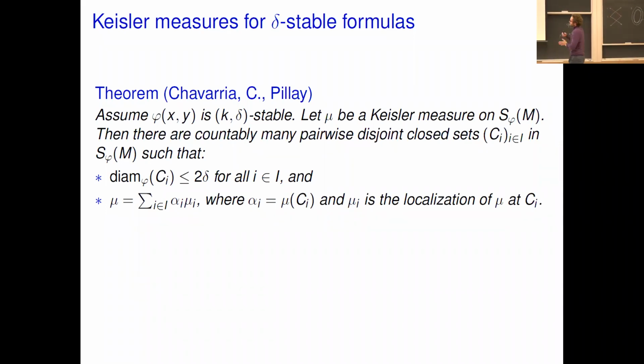And then again, like in the discrete setting, if your formula were actually 0 or 1 valued, then as long as delta is less than 1/2 or something, saying diameter less than 2 delta is just saying it's a single point, a single type. And so you get a weighted sum of types as in the usual case. But in this continuous case, you're concentrating on these little sets of bounded diameter all the way through.